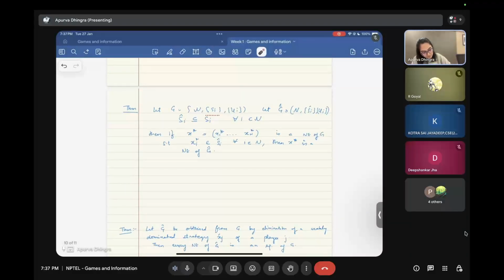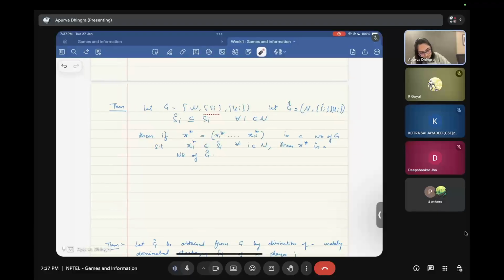Alright, so now let's go to the theorems. This theorem is talking about two games. The only difference in these two games is the strategy space, and what we know is this S hat is a subset of Si. So by some logic we are eliminating strategies. That's all this is saying. That's the game G and game G hat.